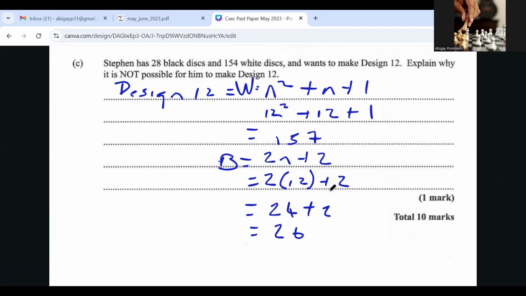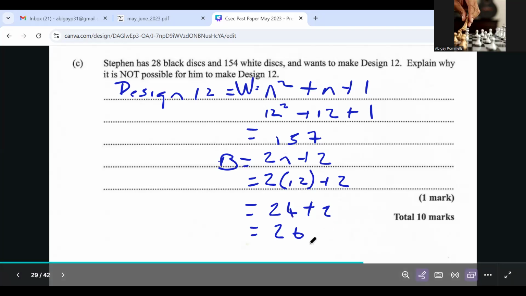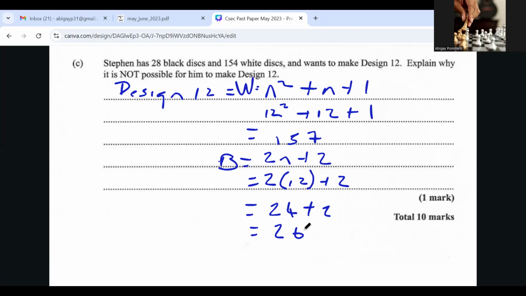All right, so because the numbers are not the same, look at that. The question said you have 154, and in the design, it needs 157. So it's off. So that's why it's not possible. So we can leave it as it is and say it's not possible.